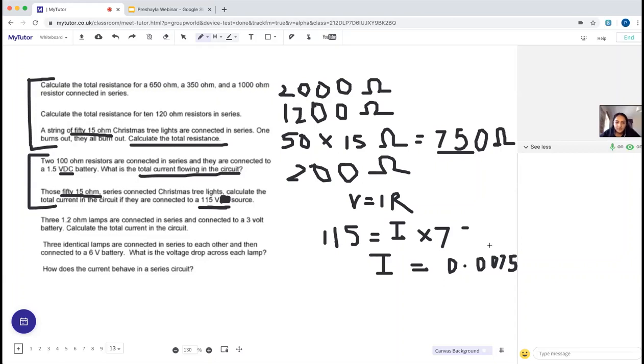So if we do current equals voltage divided by resistance, we get 0.153.